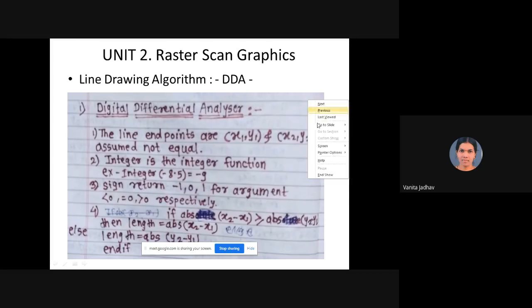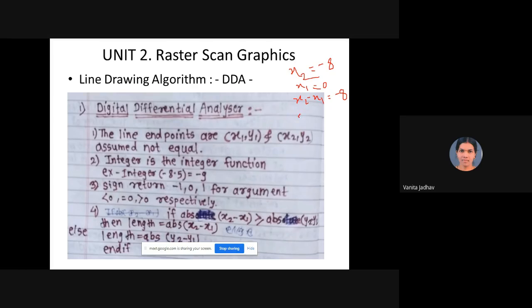Once again I will repeat, with the help of this pen. For example, if the value of x2 is -8 and the value of x1 is 0, then x2 minus x1 will be -8, and this value we are passing to the ABS function.